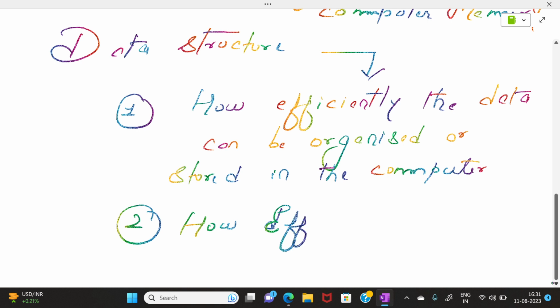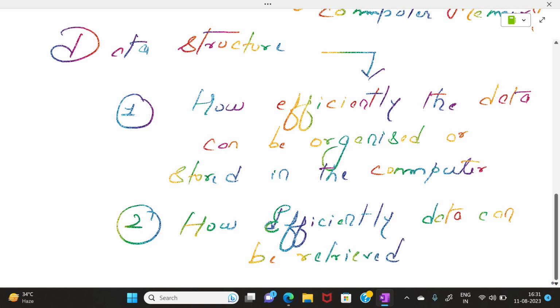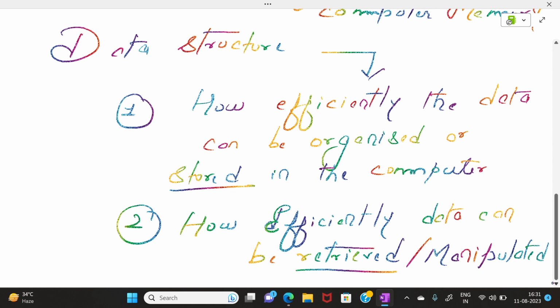How efficiently data can be retrieved or manipulated. Now, we are storing the data in computer memory and then we want the retrieval of data, we want to manipulate the data, that is to delete, update, anything. So storing as well as retrieving or manipulating should be done efficiently.